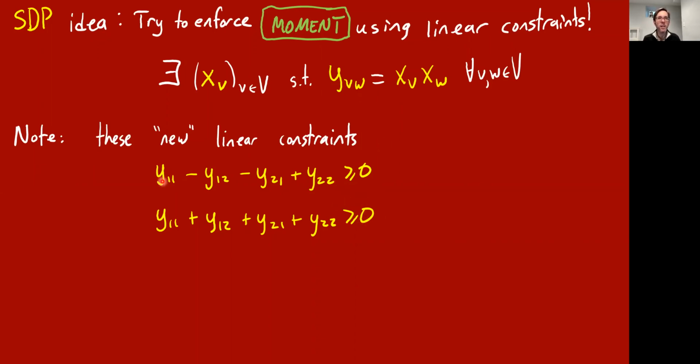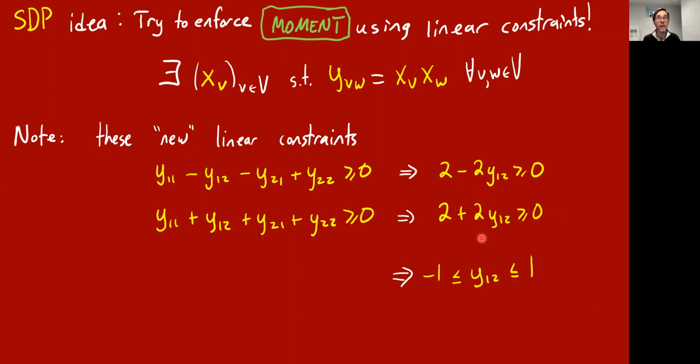And notice that since we also know that one of our constraints is that y12 equals y21, and another is that y11 equals 1 and y22 equals 1, these imply that 2 minus 2 y12 is non-negative. Similarly here, and together these imply that y12 is at most 1 and at least minus 1.